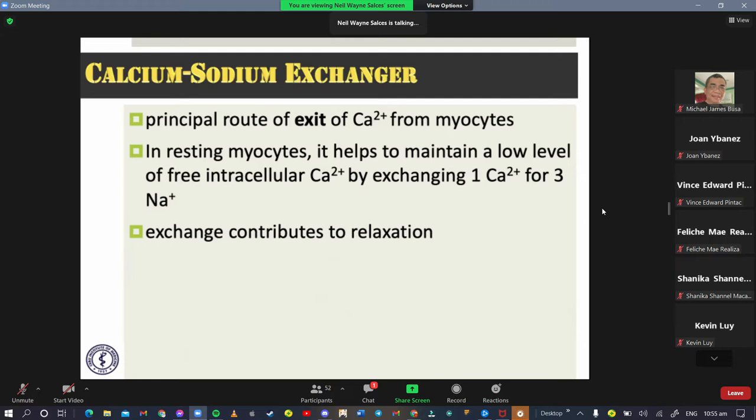This promotes the inflow of your calcium via the calcium sodium exchanger, and the increase in the calcium results in increased force of cardiac contraction that is beneficial in patients with heart failure.